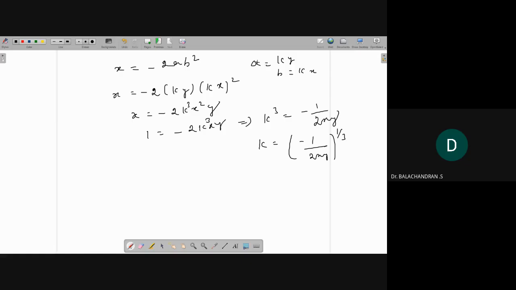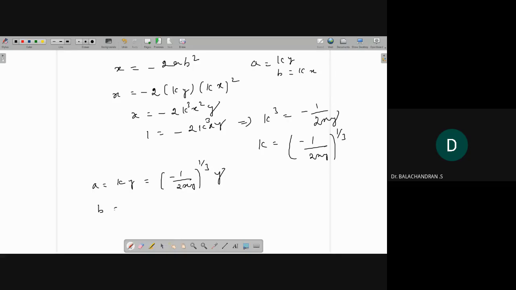Now a equal to ky, k equal to minus 1 by 2xy whole power 1 by 3, into y.